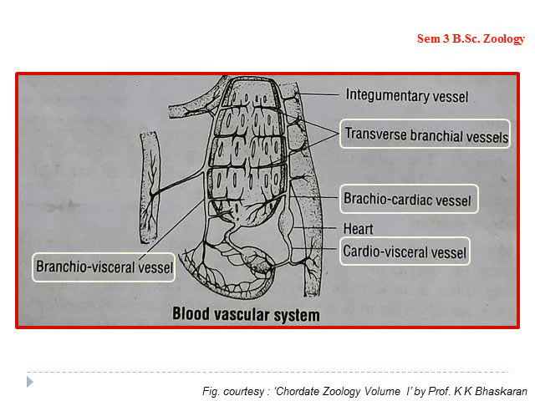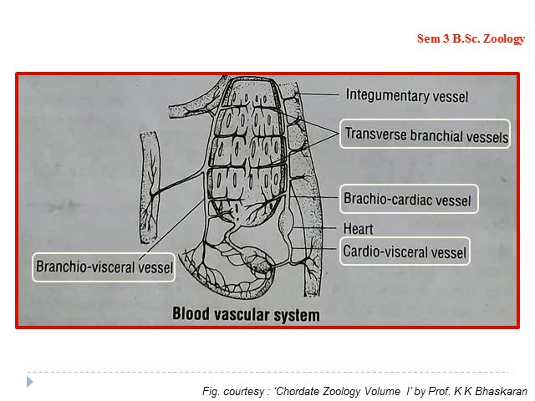While between the rows, the part of the wall is known as the transverse branchial bar. So the blood vessel which passes through that is known as the transverse vessel, while the vessel which passes through the longitudinal branchial bar is known as the longitudinal vessel. I hope it is clear. Okay, right. So we will see the rest.